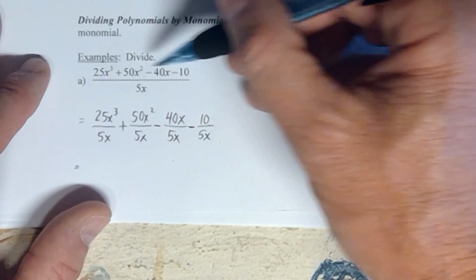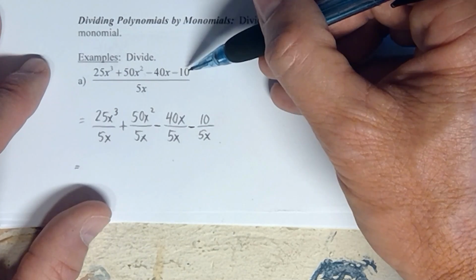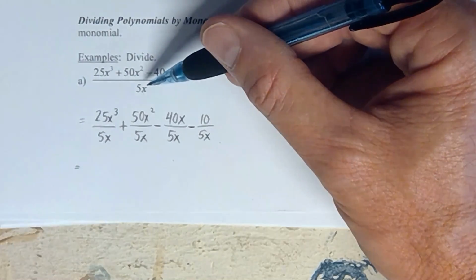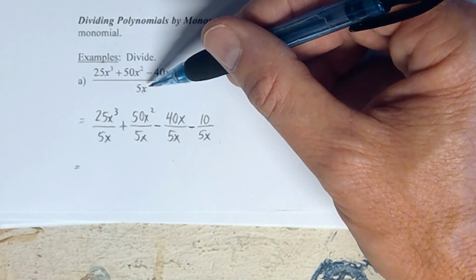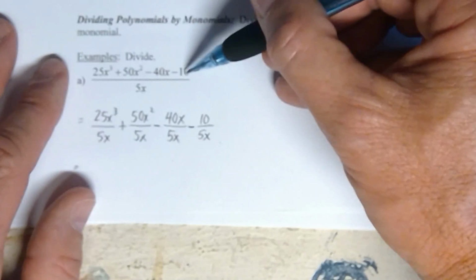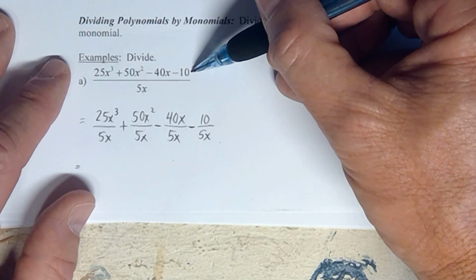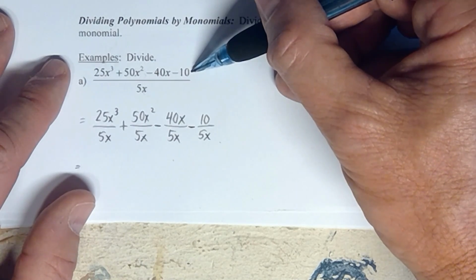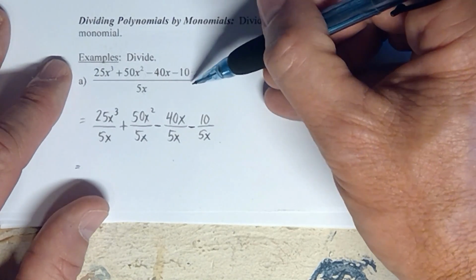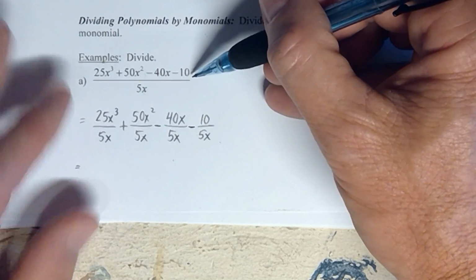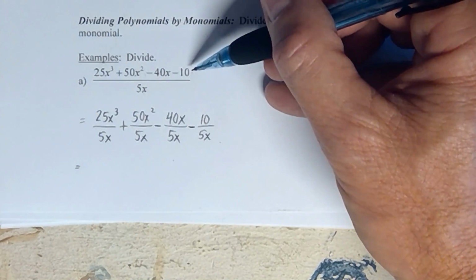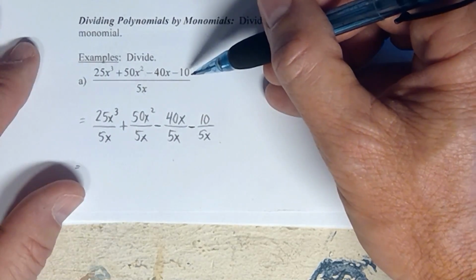But if you have just a single polynomial, no brackets, and a single term down here, if there is more than one term in either the top or the bottom, obviously there's more than one term here on the top, do not cancel anything yet. Do not cancel anything. Let me say that one more time. If there's no brackets in either the top or the bottom, I'm not talking about those types of problems. That's, again, a separate video.